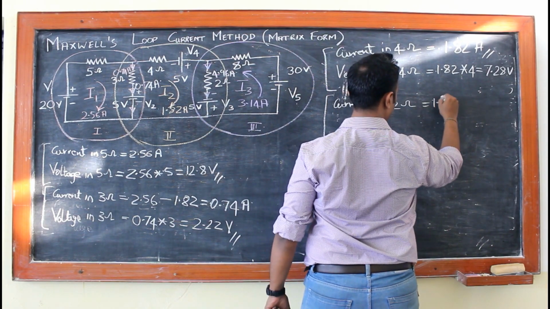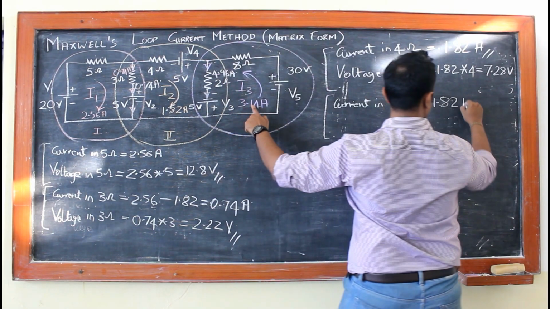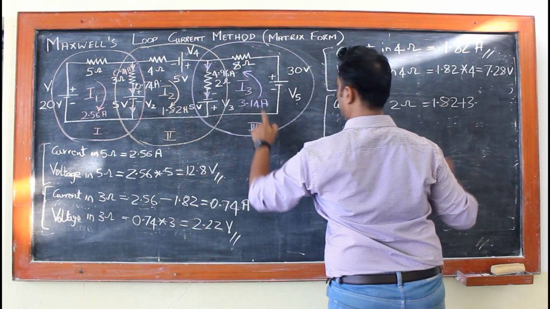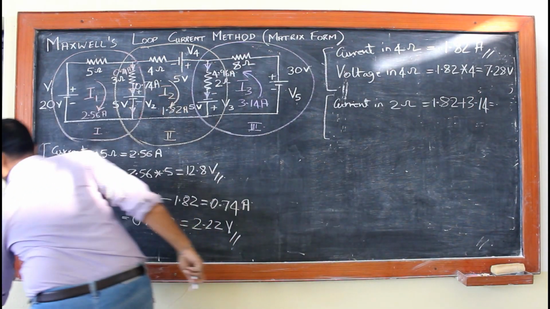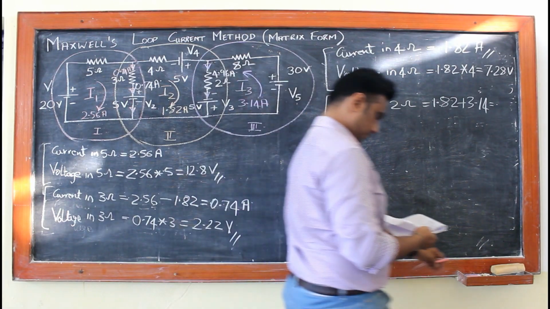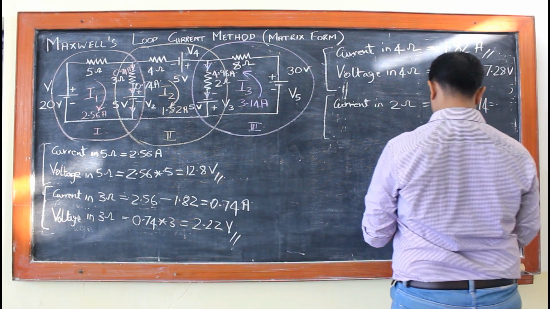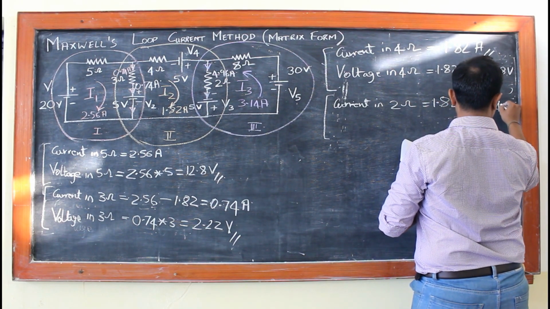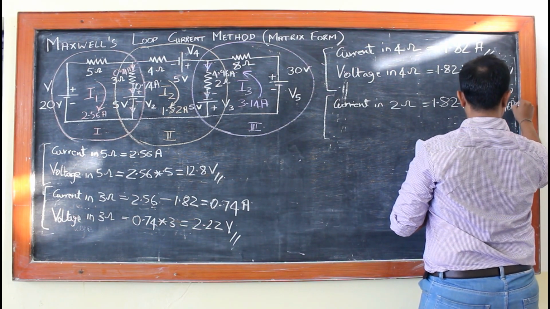1.82 plus 3.14, which is equal to 4.96 amps.